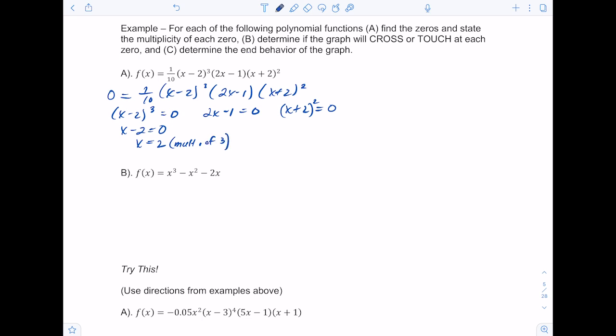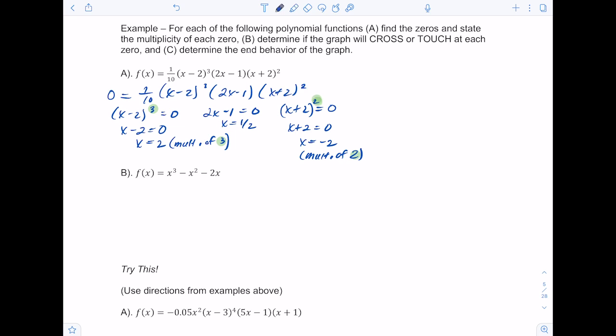And then 2x minus 1, if I solve that for x, I get 1/2. And that multiplicity is just 1. And then x plus 2, if I set that equal to 0 and solve for x, I get -2. And that multiplicity is 2. Okay, and again, the multiplicity comes from the exponent.